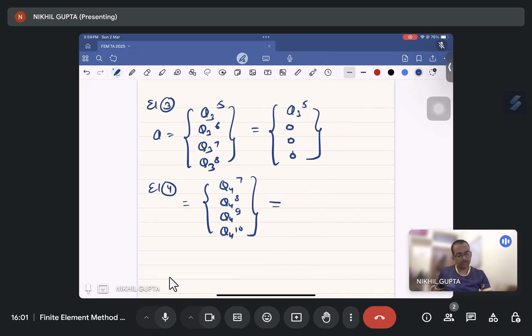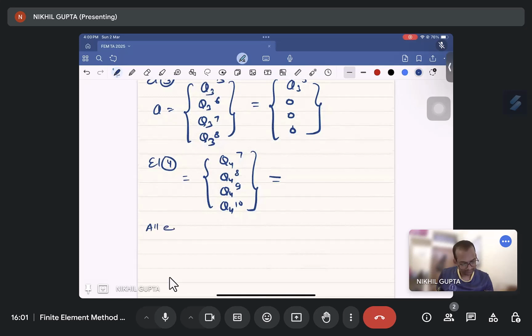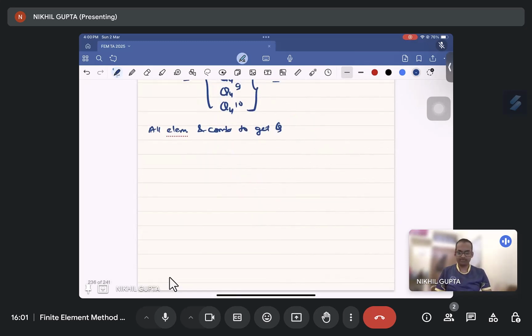So similarly for all the elements we'll write and combine to get Q. What Q we'll get will look something like this. Let's combine this Q.